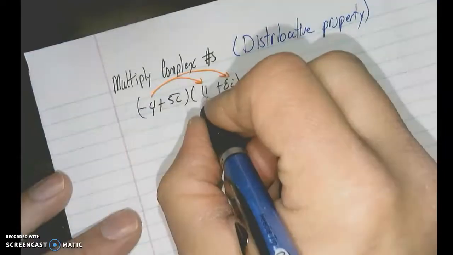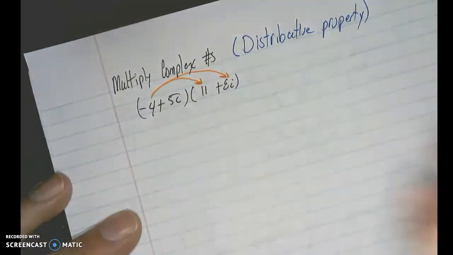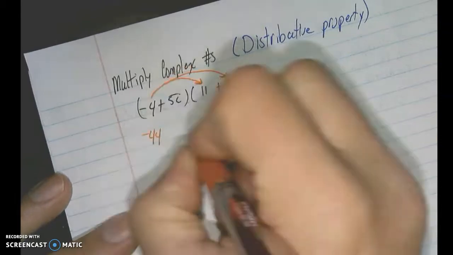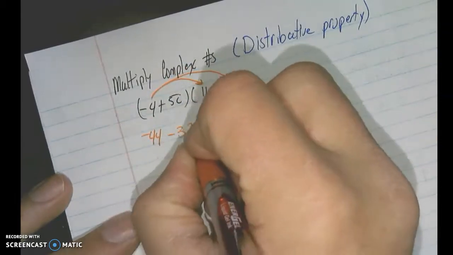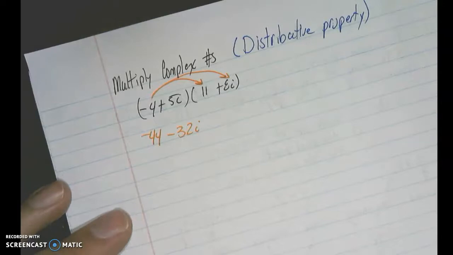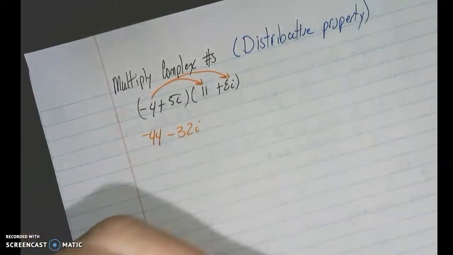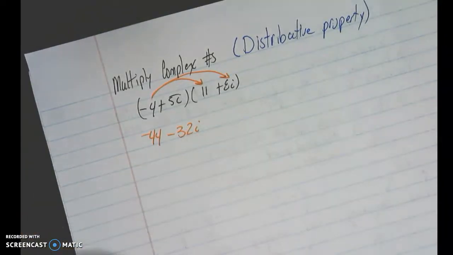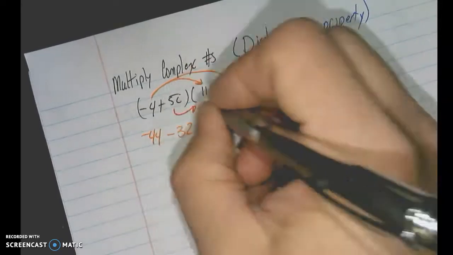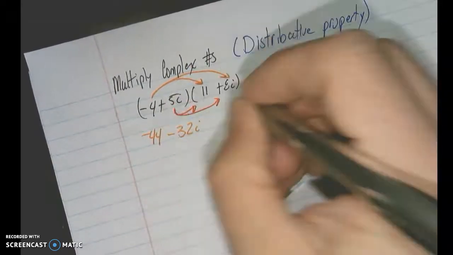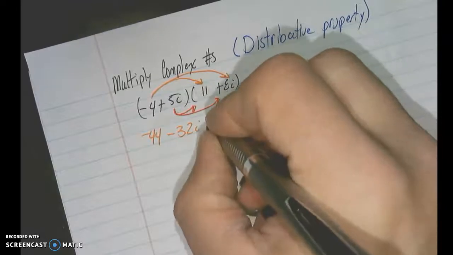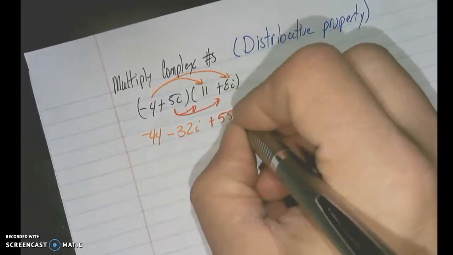So negative 4 times 11 is negative 44, minus 32i. And then we're going to take the value here and multiply those together. So 5i times 11 is 55i.